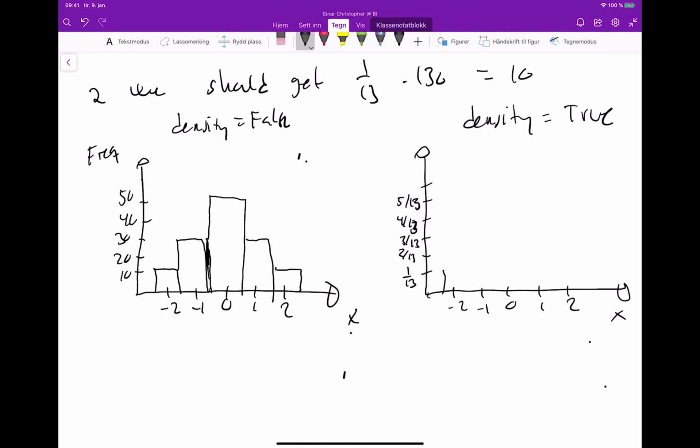Minus 2, 1/13, minus 1, 3/13, 0, 5/13, and calculating the area under this histogram should give an area of 1. You could try. So that's B.